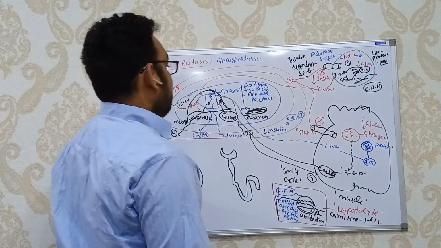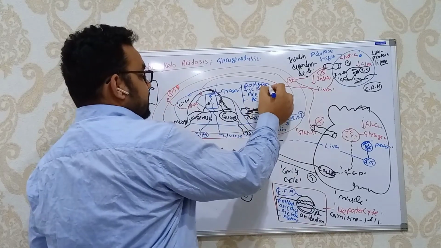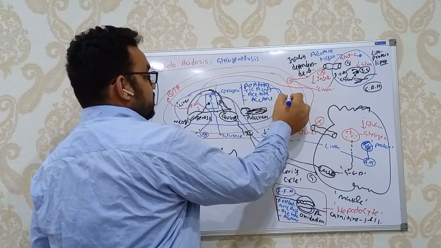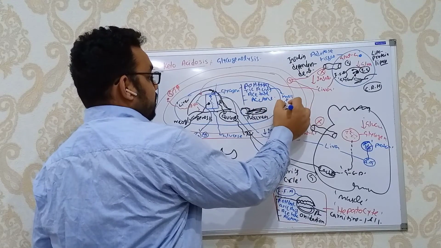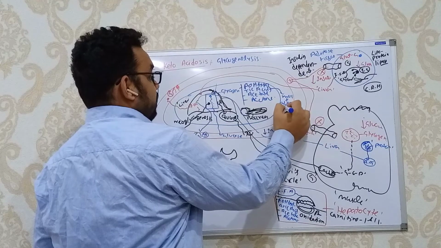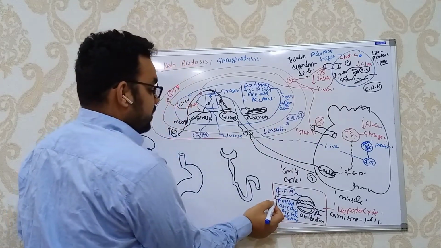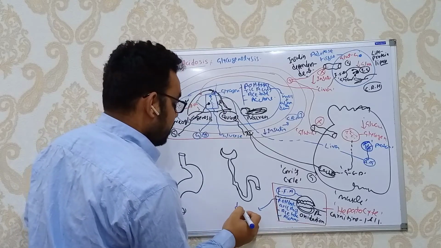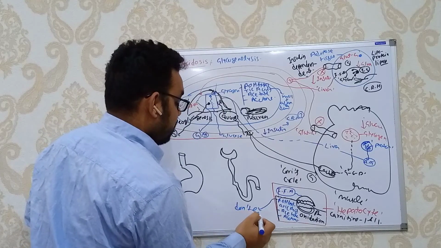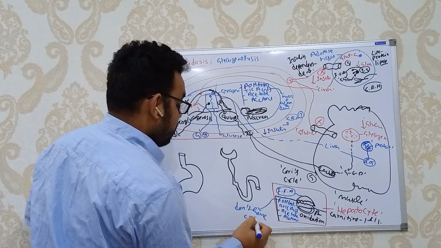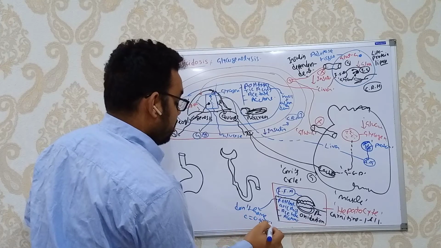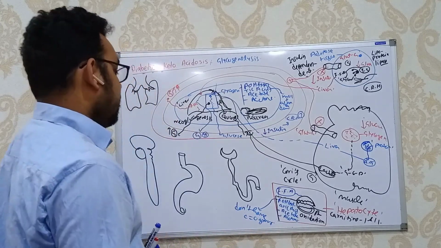Okay. Now this beta hydroxy butyric acid is the most abundant among the three. Yet this beta hydroxy butyric acid doesn't have any keto groups, but it is also a ketone body.